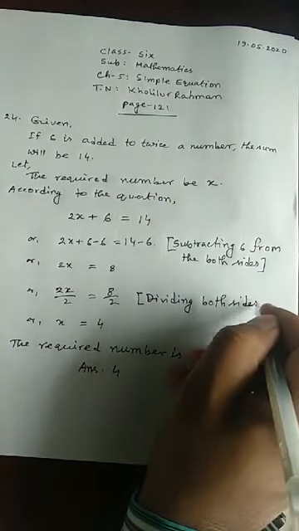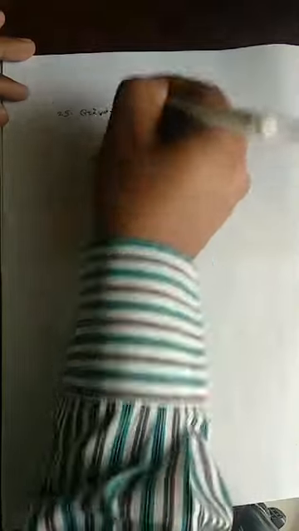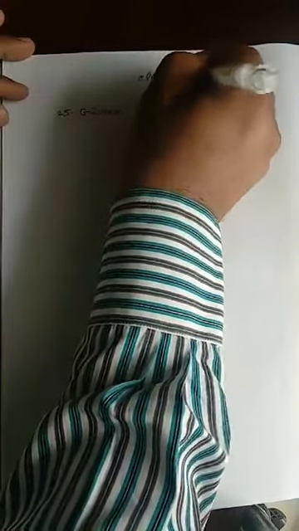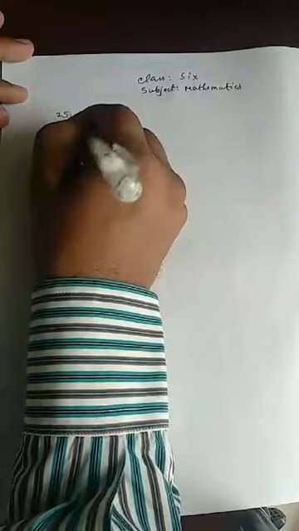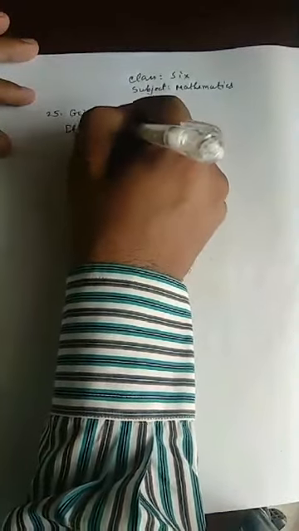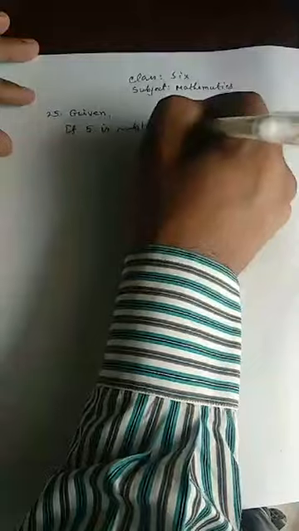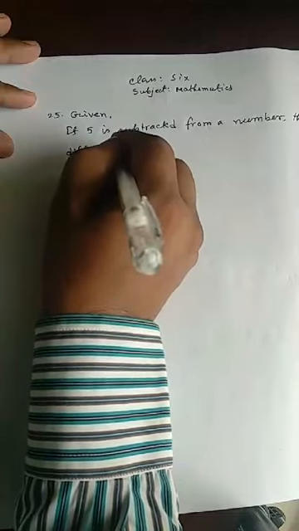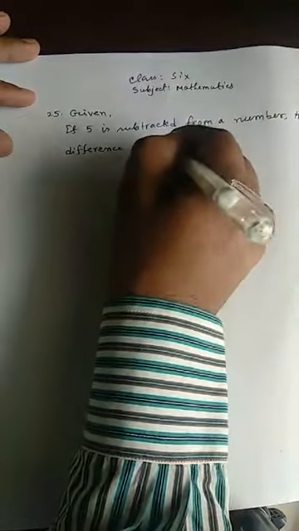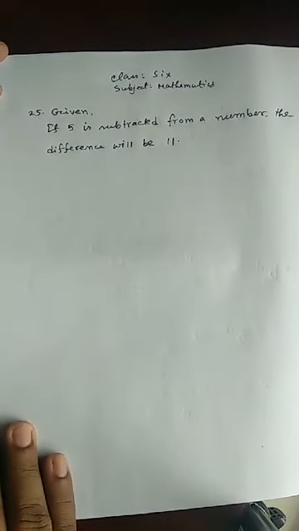Twenty-five number. Given, if 5 is subtracted from a number, the difference will be 11.